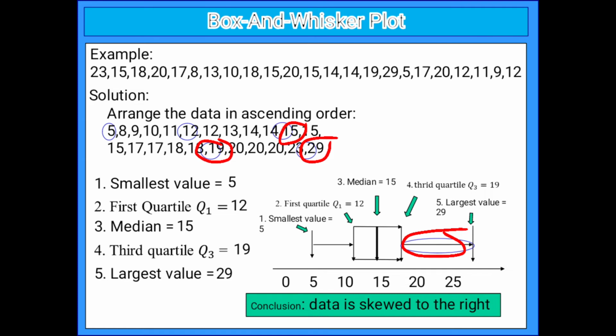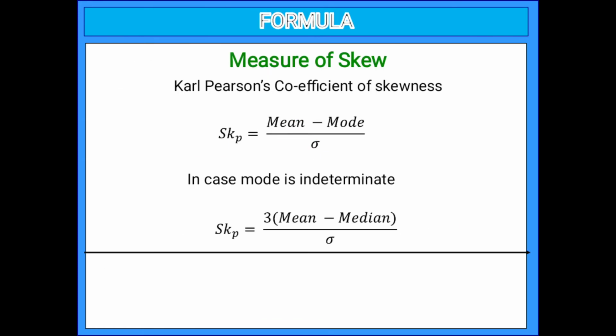Okay, so next is using Karl Pearson's coefficient of skewness. This is the fifth method for determining the shape of the distribution. We have the formula mean minus mode divided by the standard deviation. In case the mode is indeterminate, we can use 3 times the quantity mean minus median divided by the standard deviation.